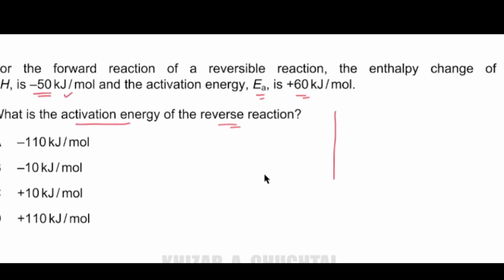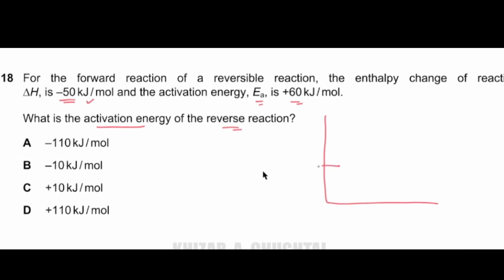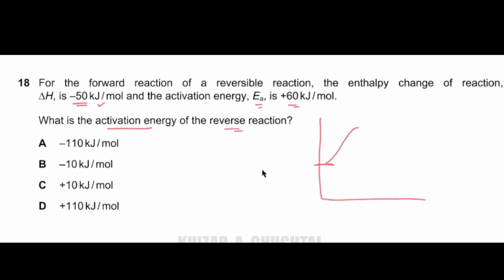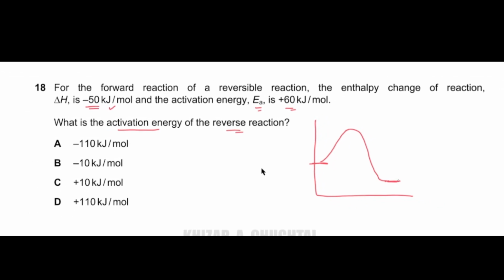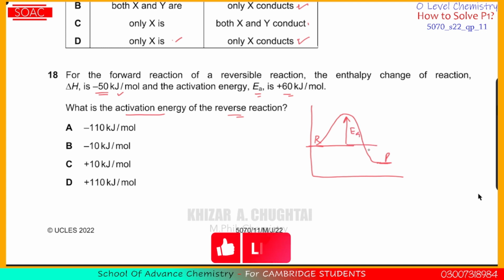So I'm going to draw a hypothetical diagram. Here are the reactants, then the energy of activation, and here are the products. This energy gap is said to be delta H of the reaction.